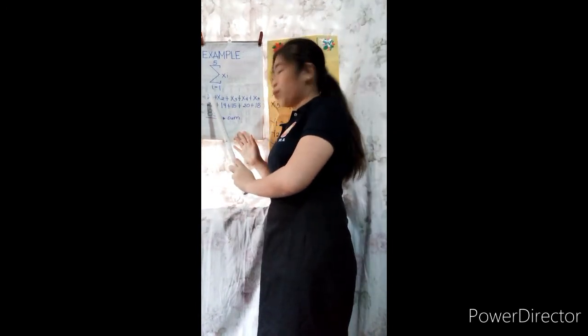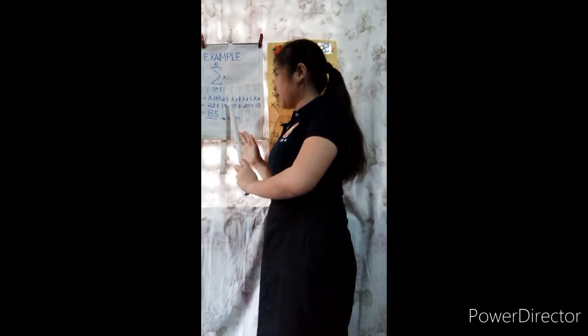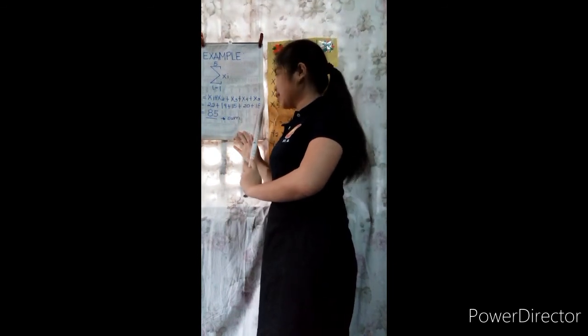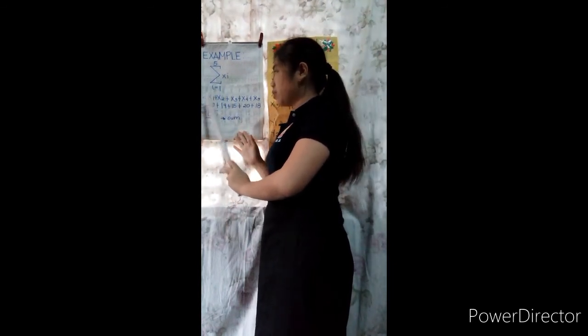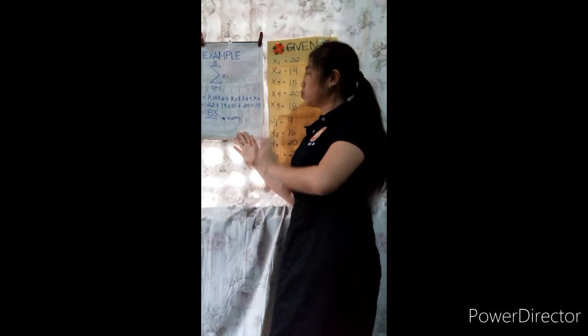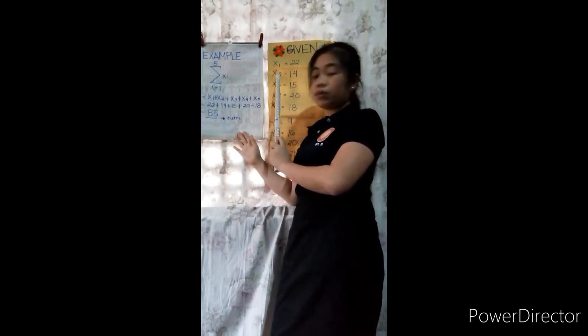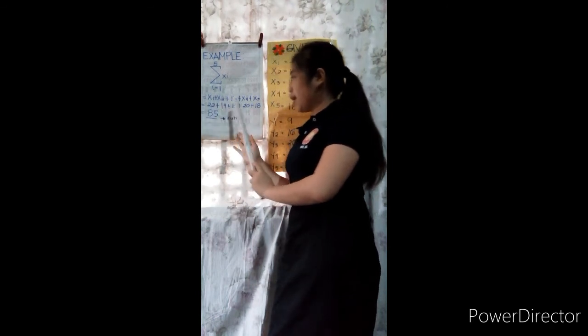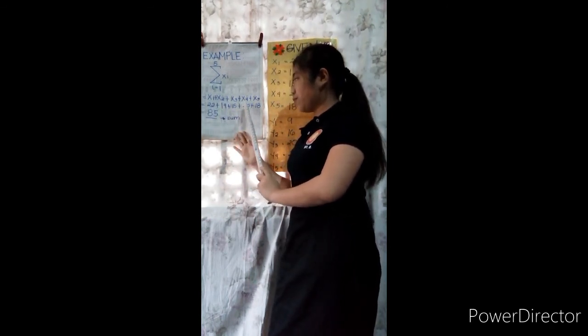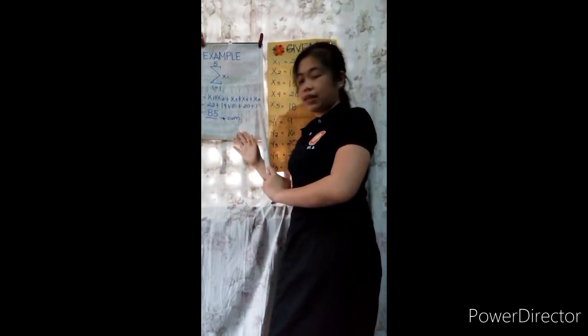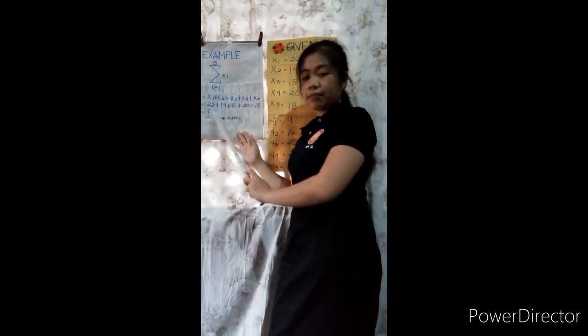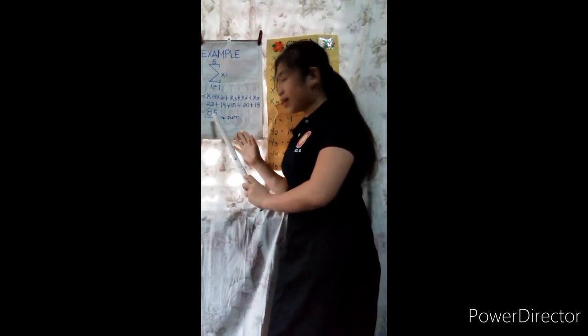X sub 1 plus x sub 2 plus x sub 3 plus x sub 4 plus x sub 5. Since ang value ng x1 is 22, copy the 22. The value of x sub 2 is 14, so copy the 14. X sub 3 is 15, x sub 4 is 20, x sub 5 is 18. I-plus na sila nga 5, so ang answer is 85.